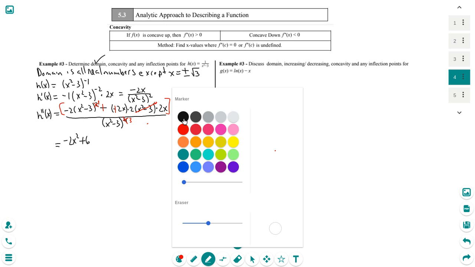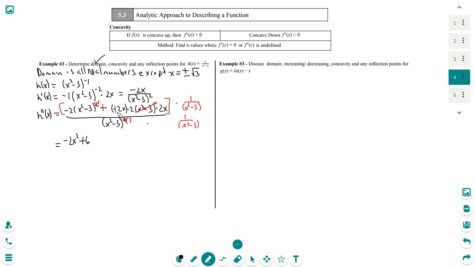Kind of simplify that part. So all I have to multiply is a positive 2x. This will be plus positive 2x times 2 times 2x. So that's going to be 2 times 2 times 2, 8, and then x times x, x squared, 8x squared. And then all divided by the denominator, so this base x squared minus 3 to the third power.